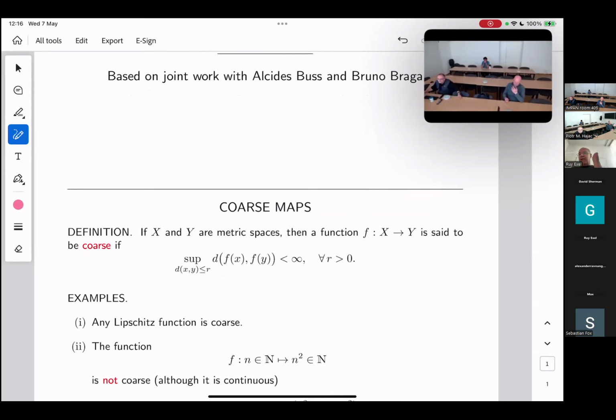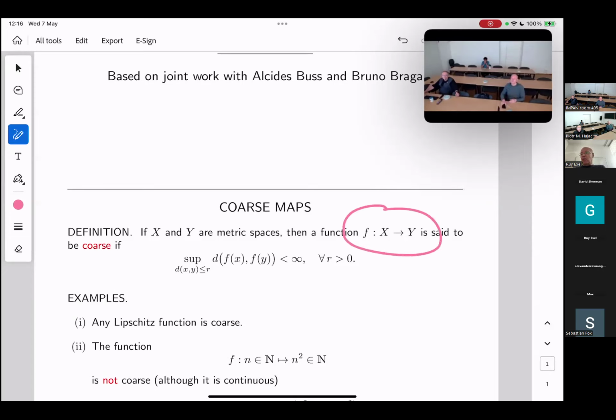Actually, the object of interest is a metric space, but we're going to look at metric spaces from a slightly different point of view. The main notion involved here is the notion of a coarse function.